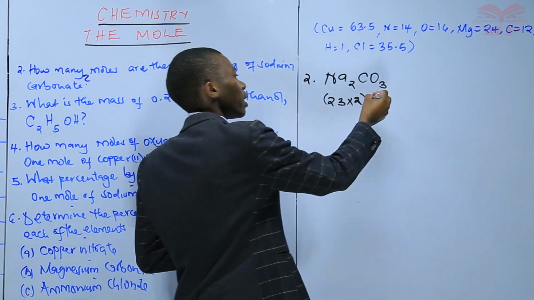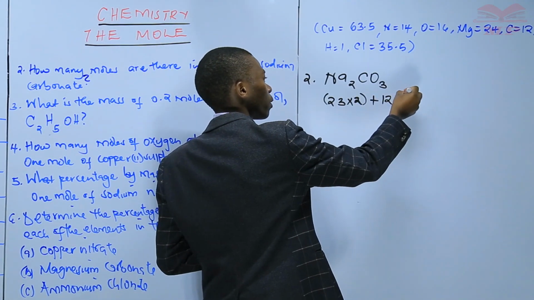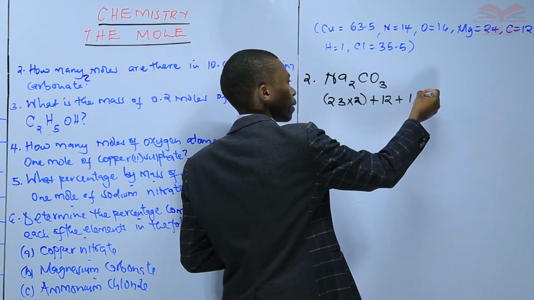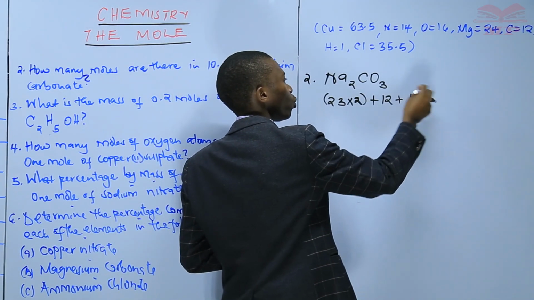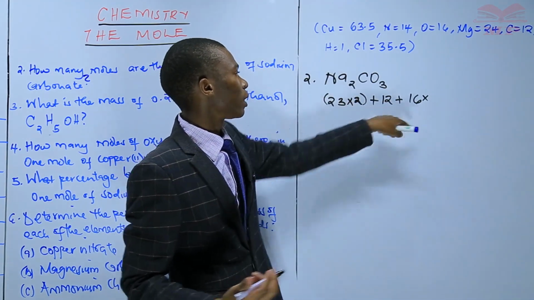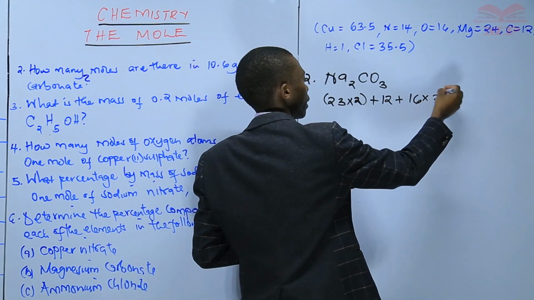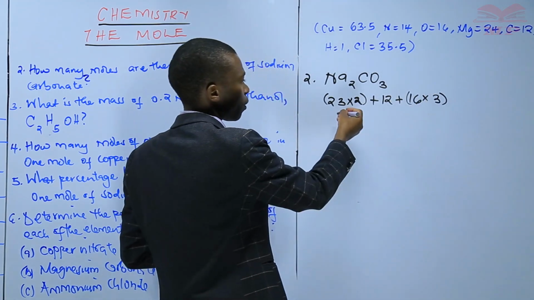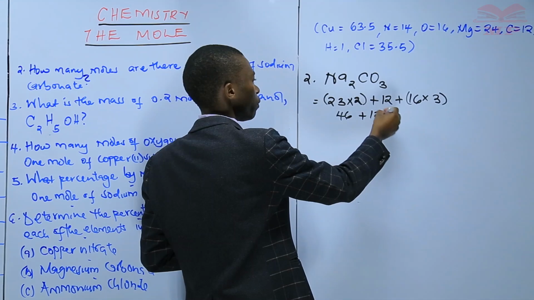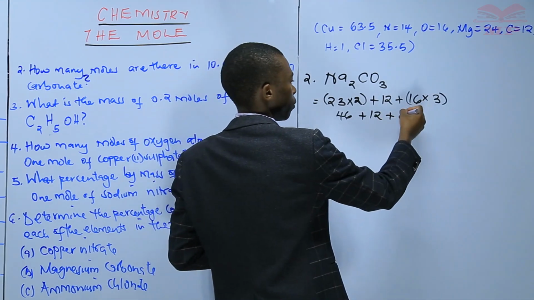Then you add the mass of carbon, which is 12, and you add also the mass of oxygen, which is 16. But because there are 3 atoms, the mass of oxygen in this compound will be 16 times 3. This is 46 plus 12 plus 16 times 3, which is 48.